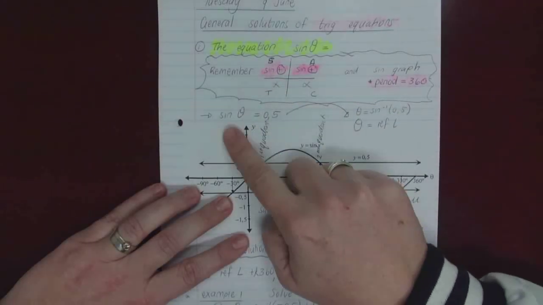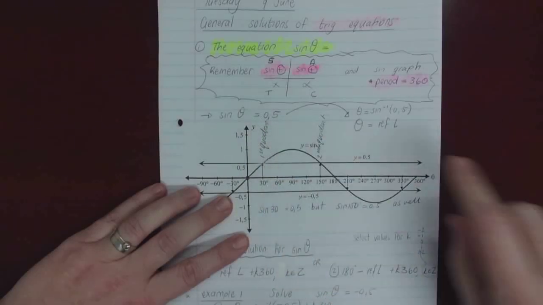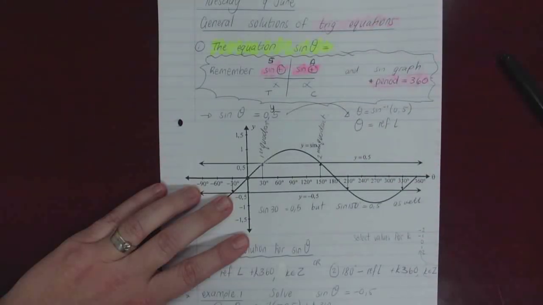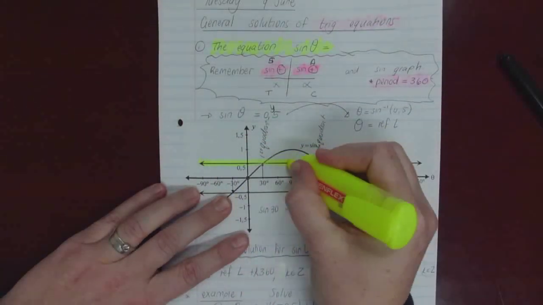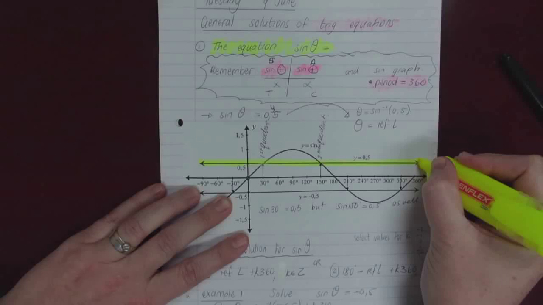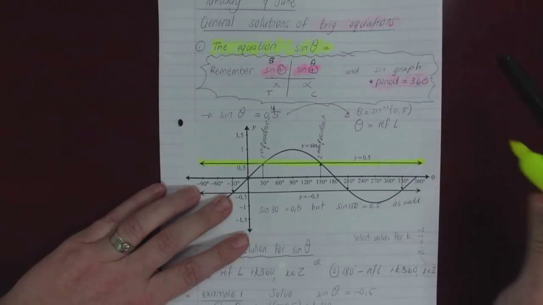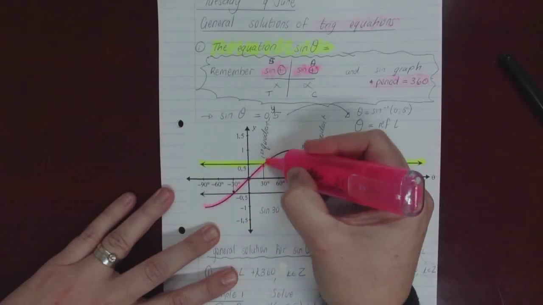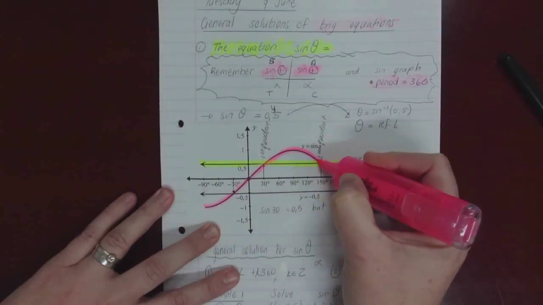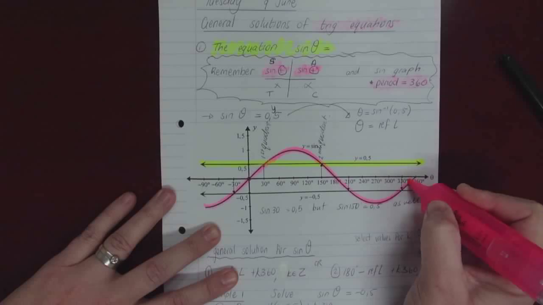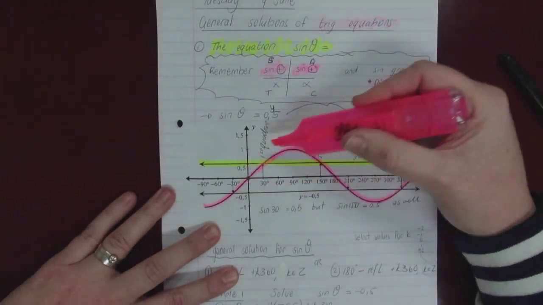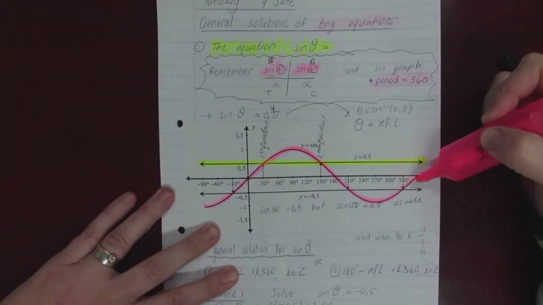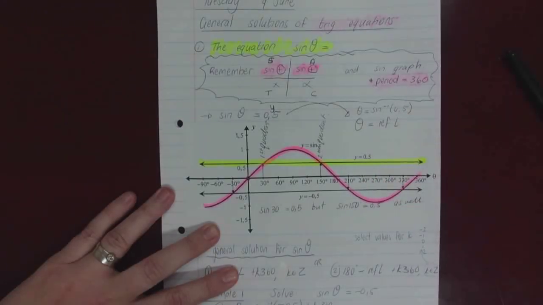So if I say to you sine of theta equals 0,5, it means my y value is 0,5. So here I've taken a diagram so that you see that. So that line there is y equals 0,5. So if I go and sketch my normal sine theta graph, it means it goes through 0 at 90, it peaks at 1, goes through 180, 270, it's minus 1, 360 there.